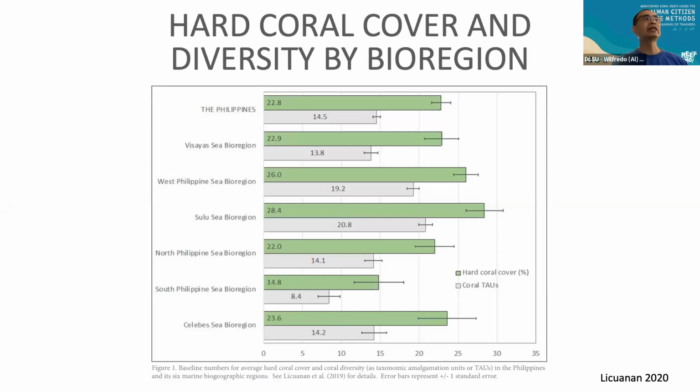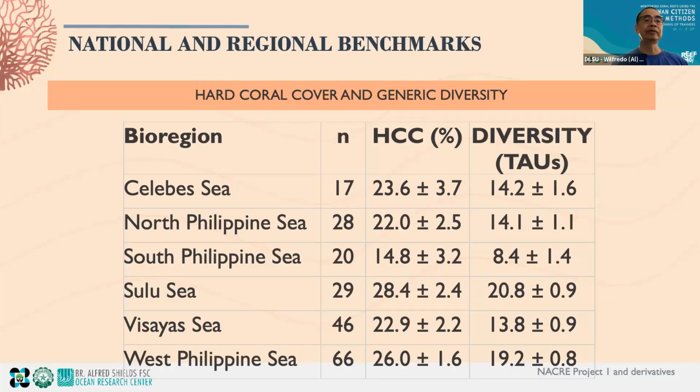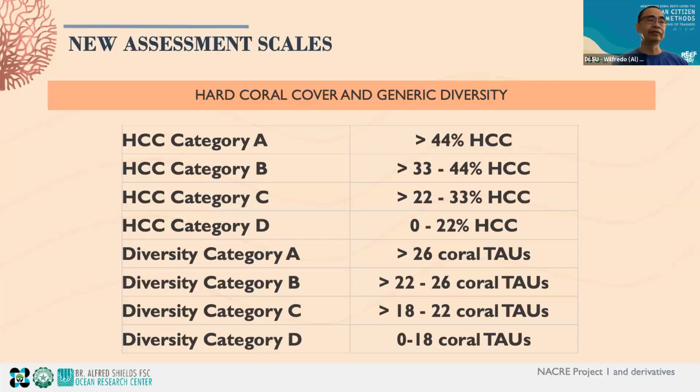Because, for example, if you have a reef that is in category A for hard coral cover, that means that reef is in the top 9% of the reefs in the country.